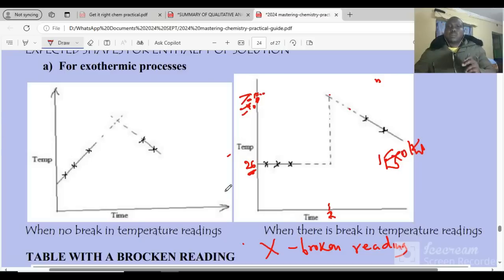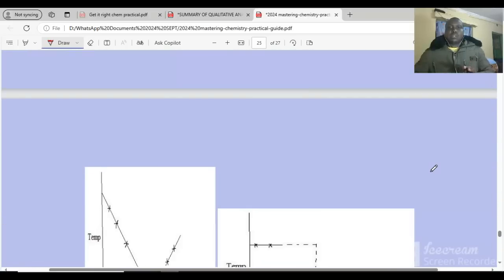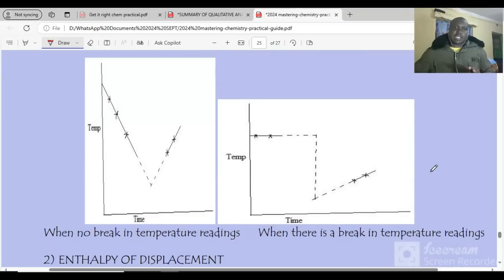I want to talk about the same broken table when the reaction is endothermic. What do we expect? The broken table and the reaction is endothermic. This is what we expect. If the reaction is endothermic, meaning you start at, for example, room temperature 23, and then when you add a certain solid, the temperature will start decreasing.